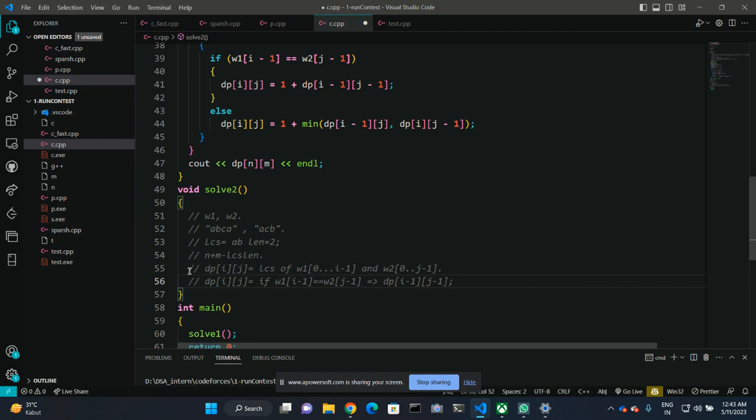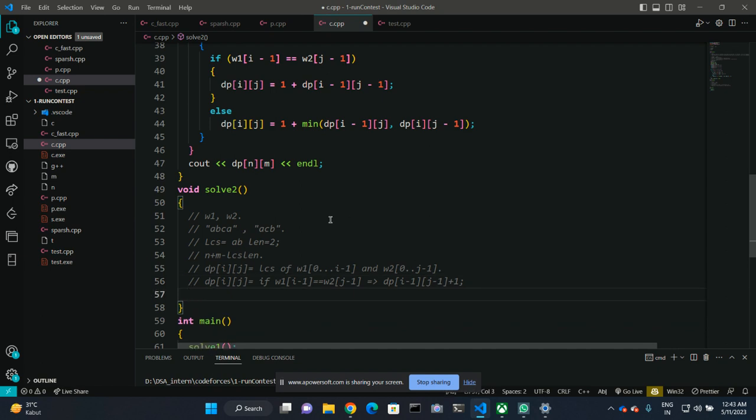Needed, yes, I guess, because the last character is J minus 1. So in our LCS, up to this last character, meaning W1 I minus 1 and W2 J minus 1, there is a matching character, right? That character will be appended to this LCS.